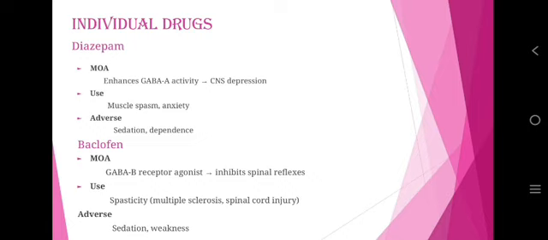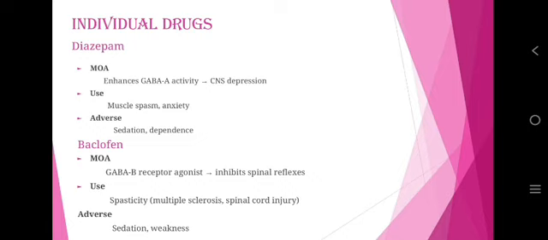GABA means gamma amino butyric acid, and this action leads to CNS depression. The uses of diazepam are muscle spasm and anxiety. Diazepam is most commonly used in anxiety.